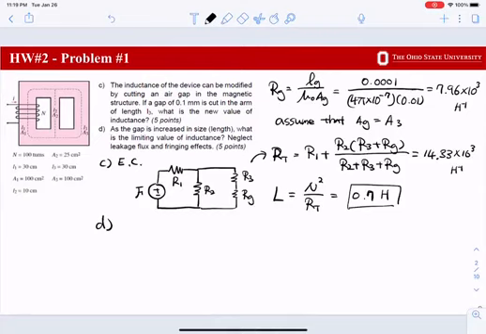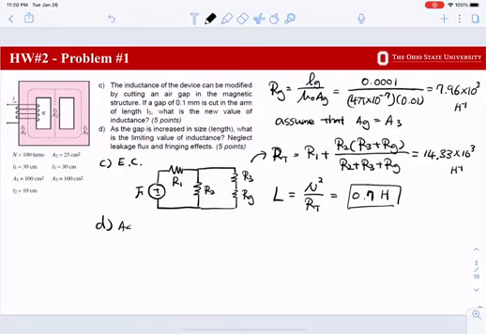Okay, go ahead. Part D asks that as the gap is increased in size, in length, what is the limiting value of inductance?